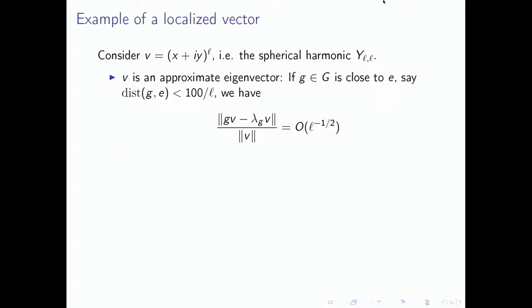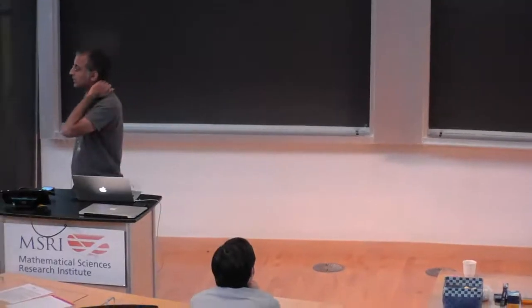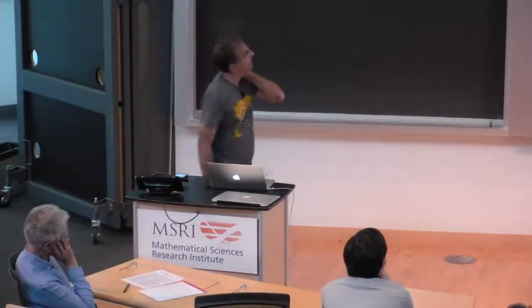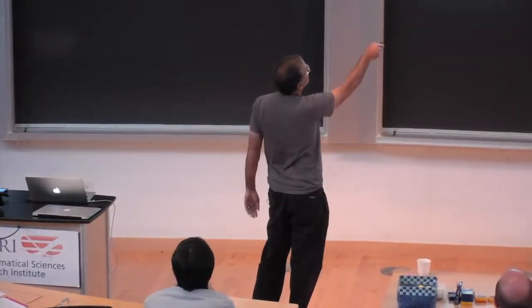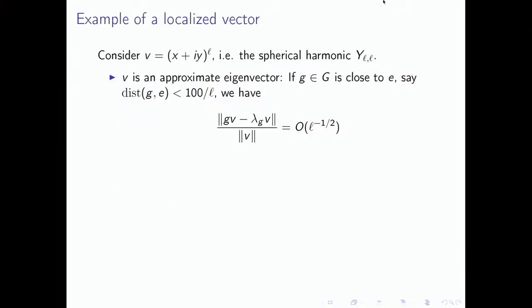Something I don't understand. Let's say lambda G is 1, let's say. G minus identity is of order 1 over L. So then that operator is of order 1 over L. So I don't understand the scaling. Oh, sorry, you're saying it might be better than this?